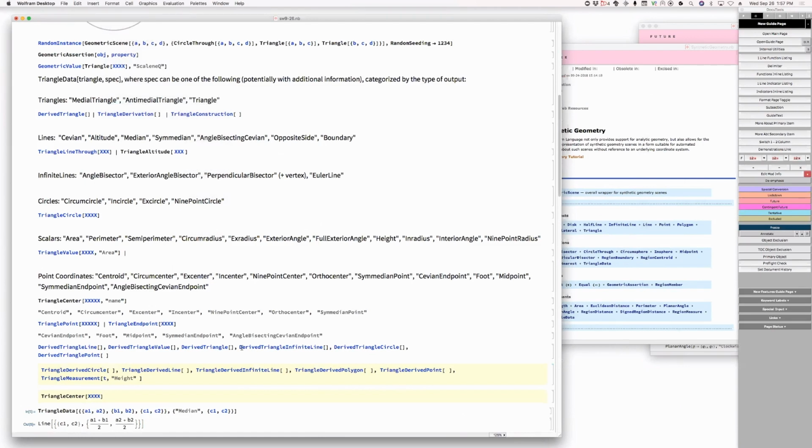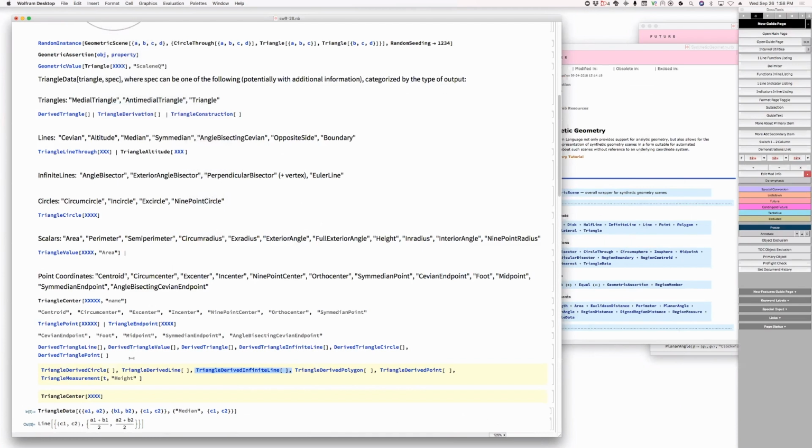I personally think we've gone too far splitting these things up. You're right. I was wondering if you really need line and infinite line. Maybe not. Why would we need that? We just return an infinite line if it is an infinite line. Well, how about triangle construction, triangle measurement, and triangle center?